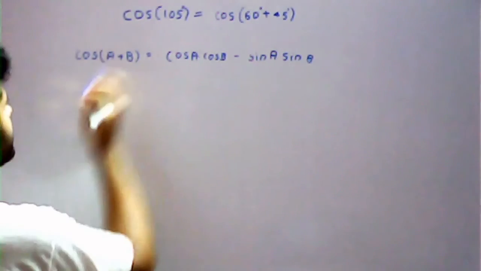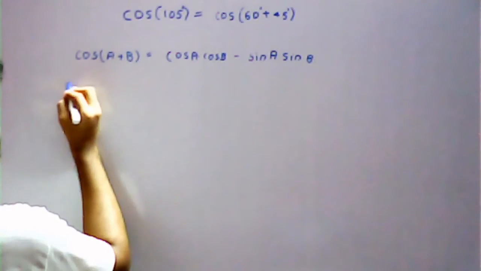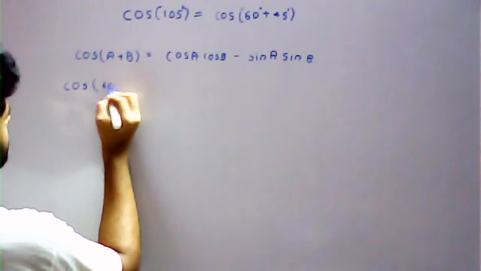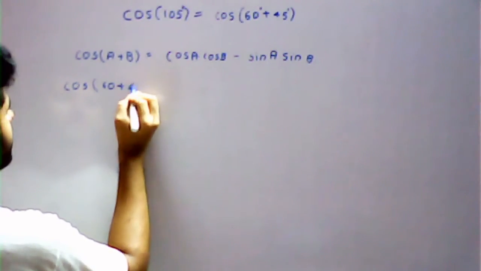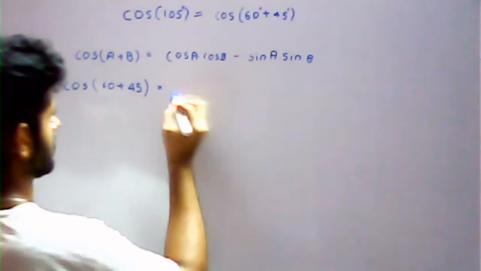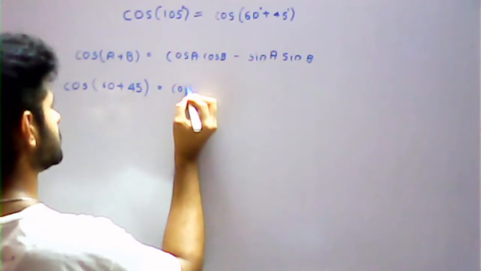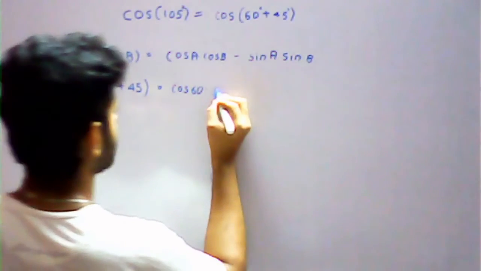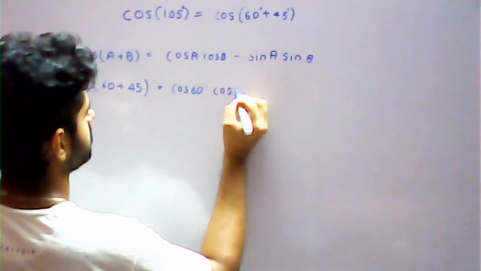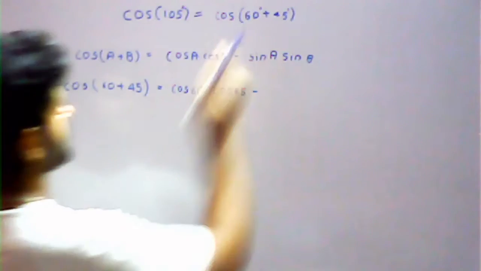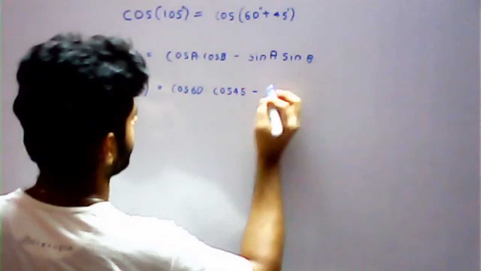So when we use this for this one, let us put it: cos of 60 plus 45 is equal to cos 60 into cos 45 minus sin 60 and sin 45.